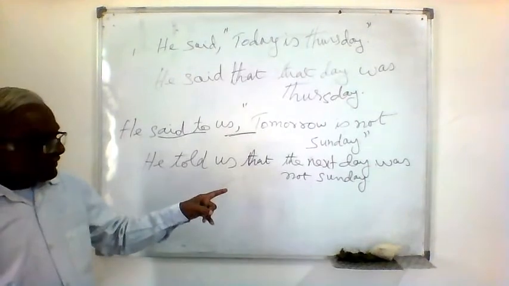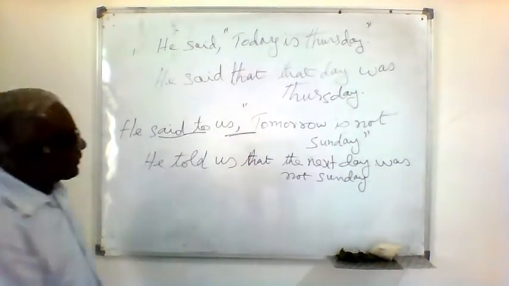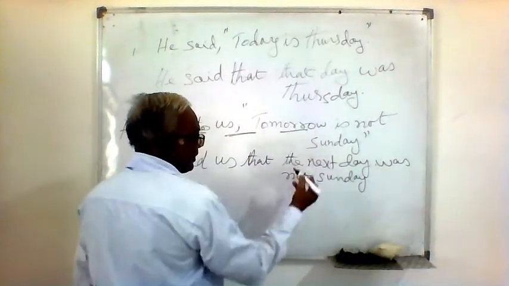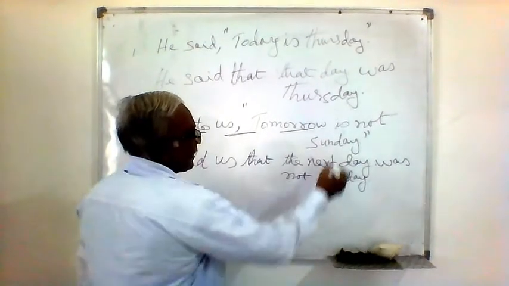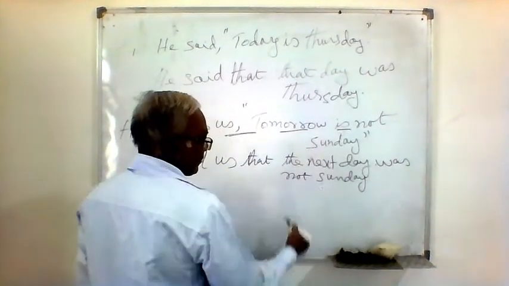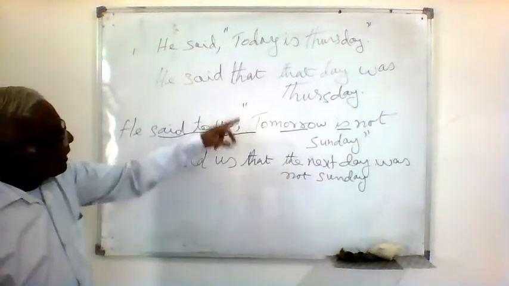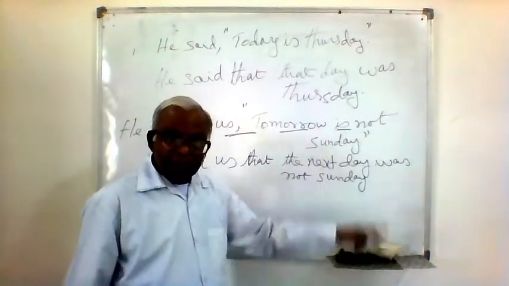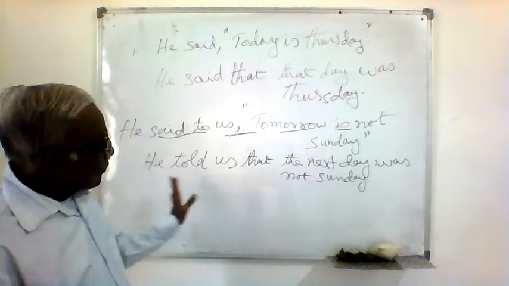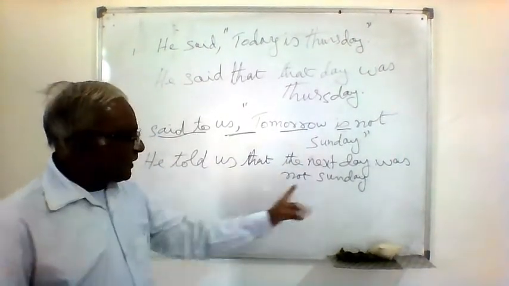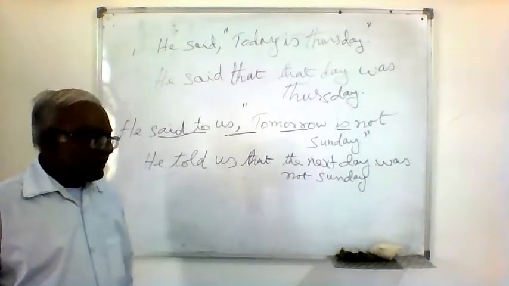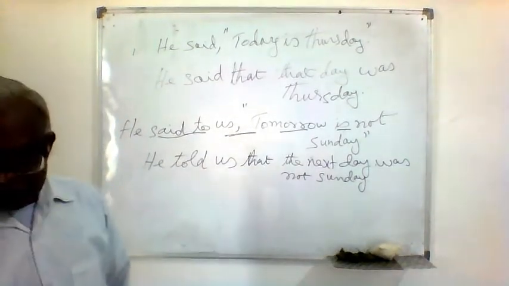He told us that the next day was not Sunday. Tomorrow, word of nearness has changed into the next day, is has changed into was. Another thing, the comma, the quotation that we had here in direct speech, they have been removed. You have a simple sentence there. He told us that the next day was not Sunday.